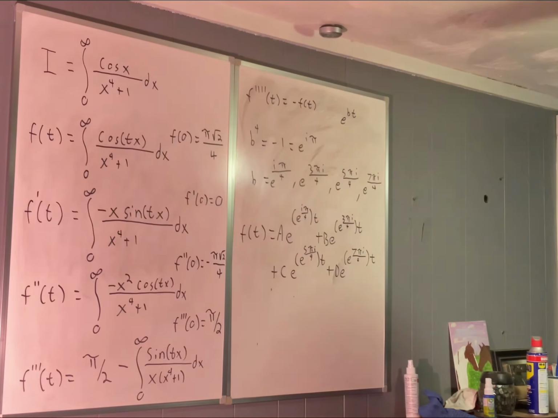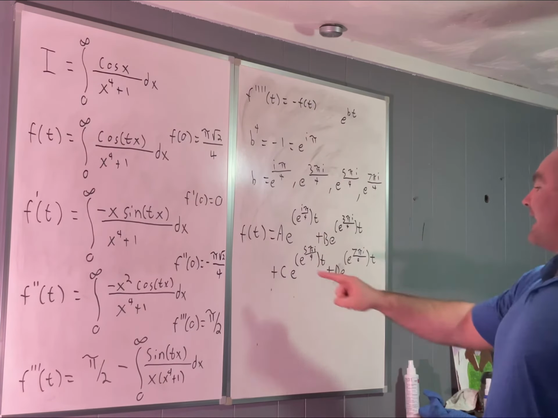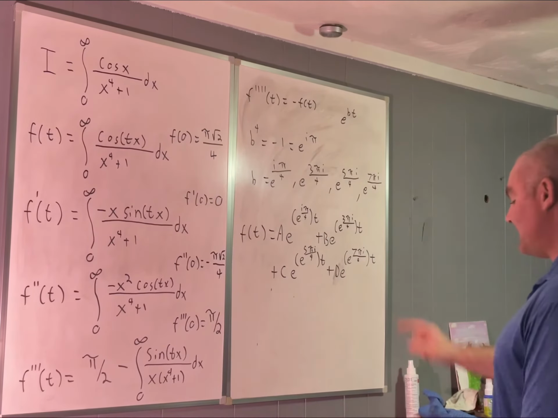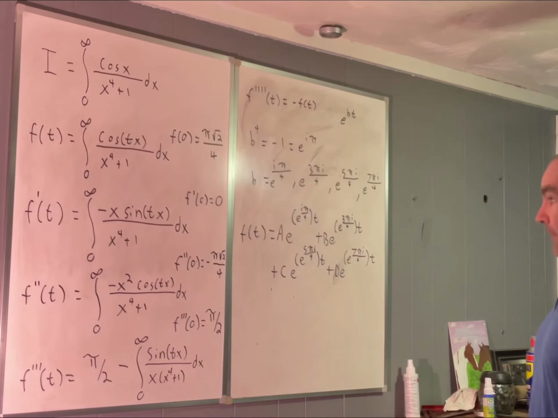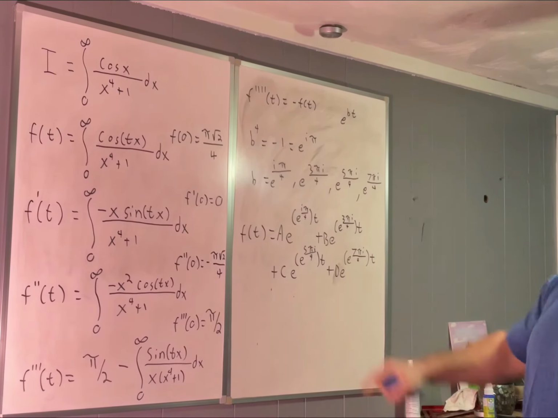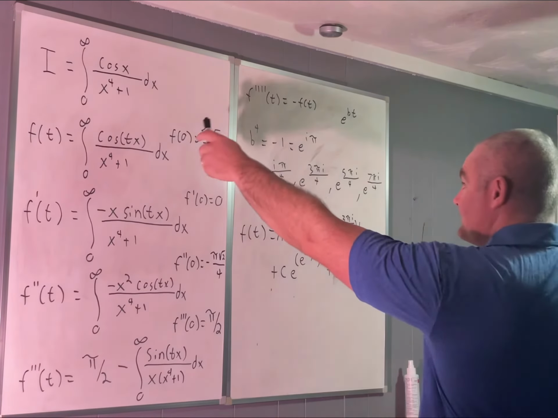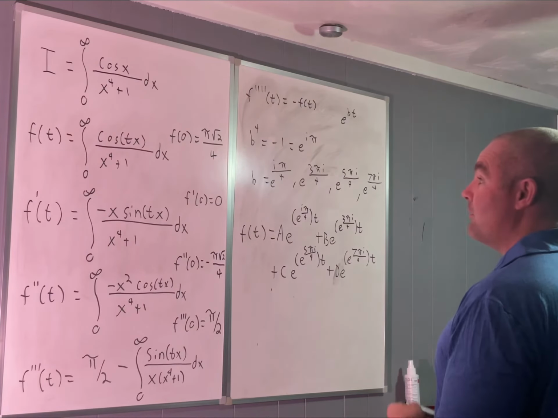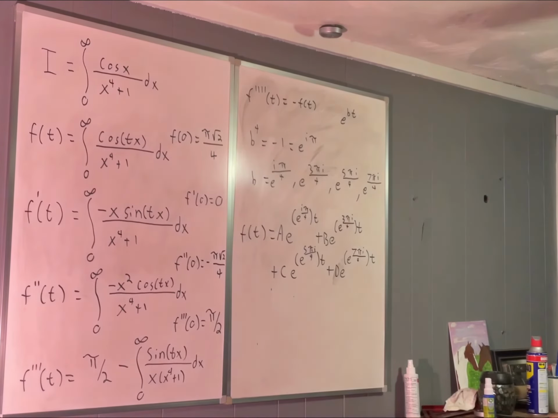And that would give us a system of equations that we could solve to find a, b, c, and d. And then from there, we would actually have our f of t. And then we could just plug in 1 for t to get our answer to I.